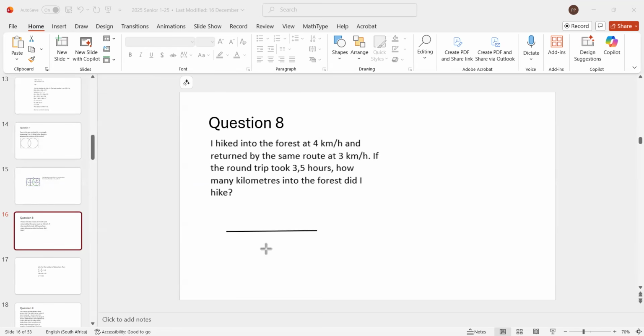So it's a forest, this whole thing is a forest, you're walking through this, and your speed is 4 kilometers per hour. So this way, it's 4 k's per hour. And then return the same route at 3 k's per hour.